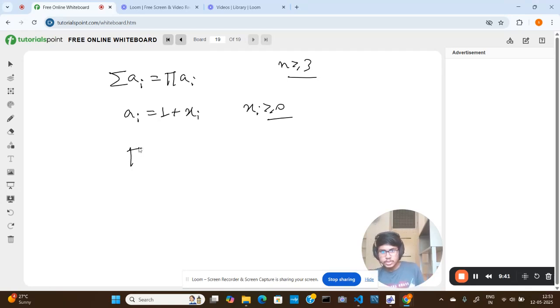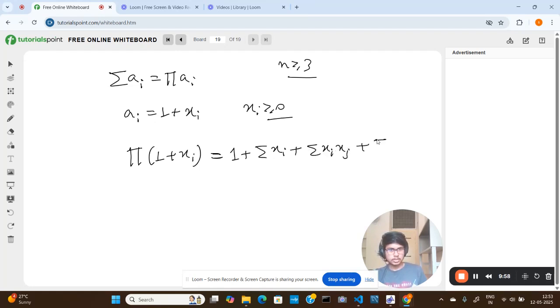Why? We can see the product of 1 plus xi, if you expand this, the expansion will look something like 1 plus summation xi plus summation xi xj plus summation xi xj xk and so on.